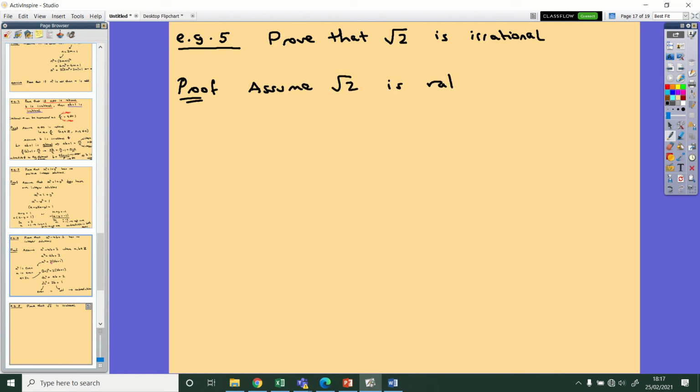So we're going to assume that root 2 is in fact rational. And we know how to write a rational number down. We can write it as a over b, whatever letters you want to pick. And then a and b are integers. B is not 0. And also, because we've got a fraction here, we may as well assume that a over b is written in its simplest form.